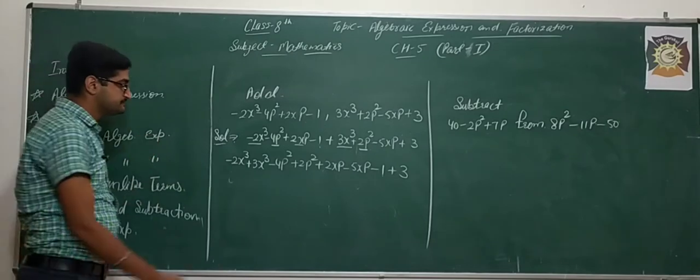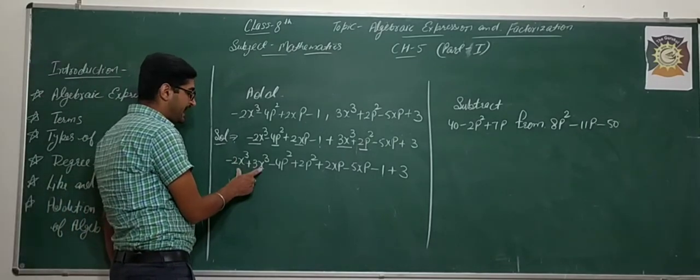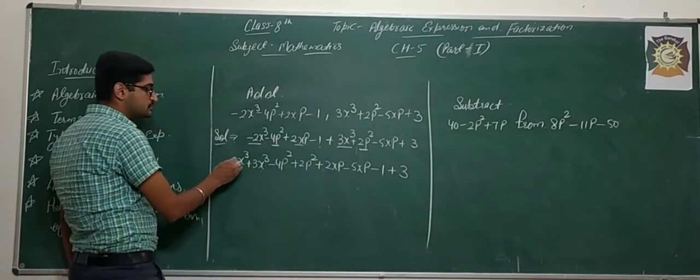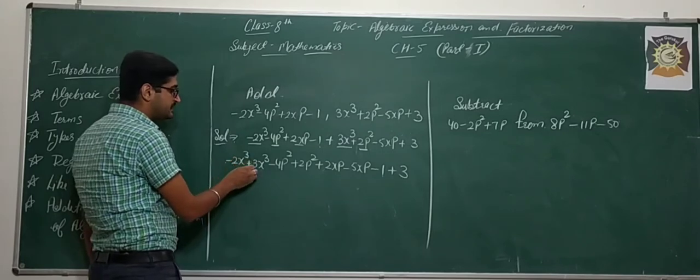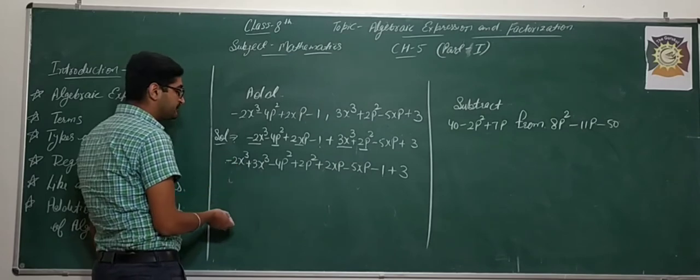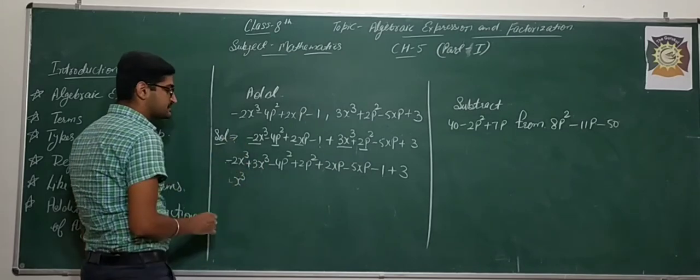After that, as you can see, these are the like terms and we can add and subtract the like terms. It's minus 2 and it's plus 3, plus minus minus, and here the plus sign is with the bigger digit, so the answer will be in plus, and 3 minus 2 is 1, so this will be x cubed.